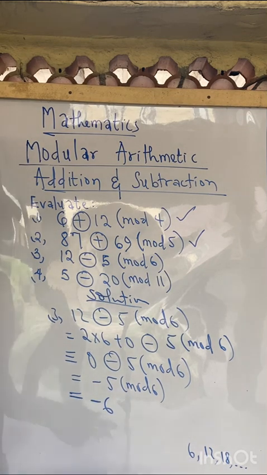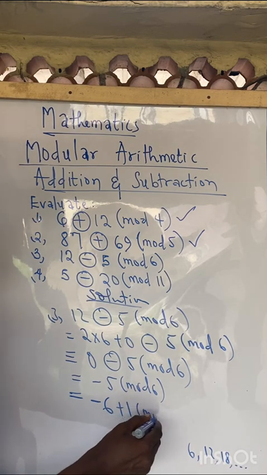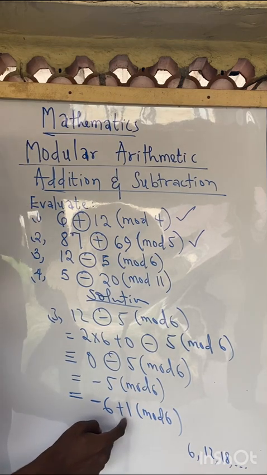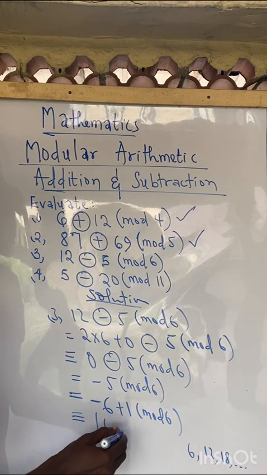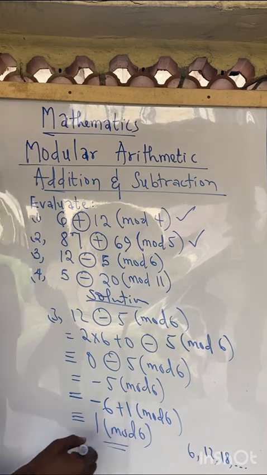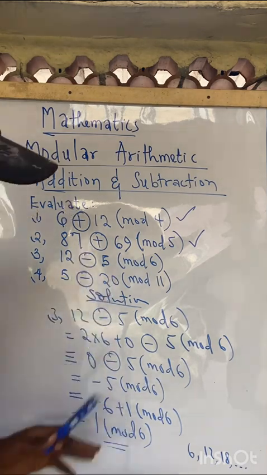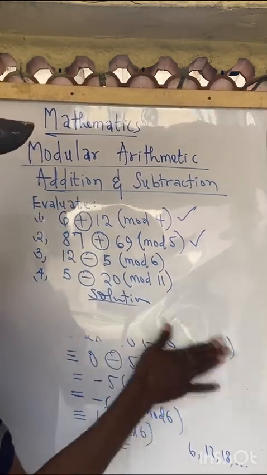Minus 6 plus what will give me minus 5? Plus 1 mod 6. So my answer will just be 1 mod 6, which is the same as the answer that we got in the previous method.